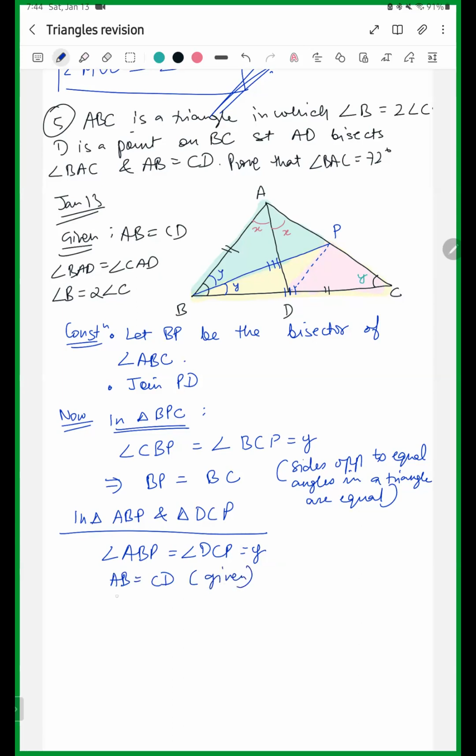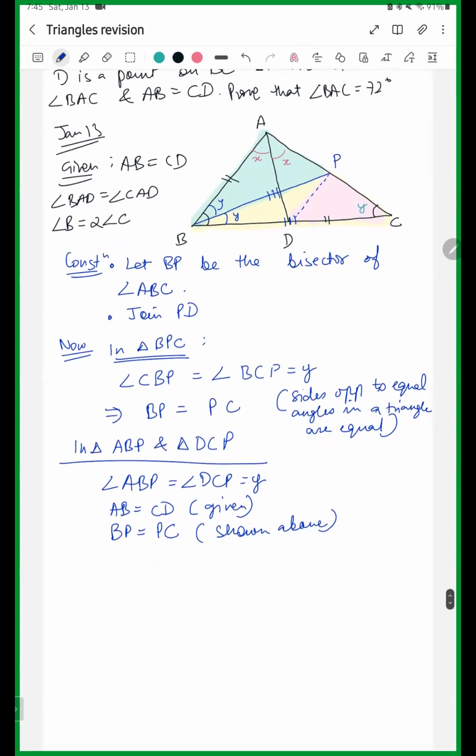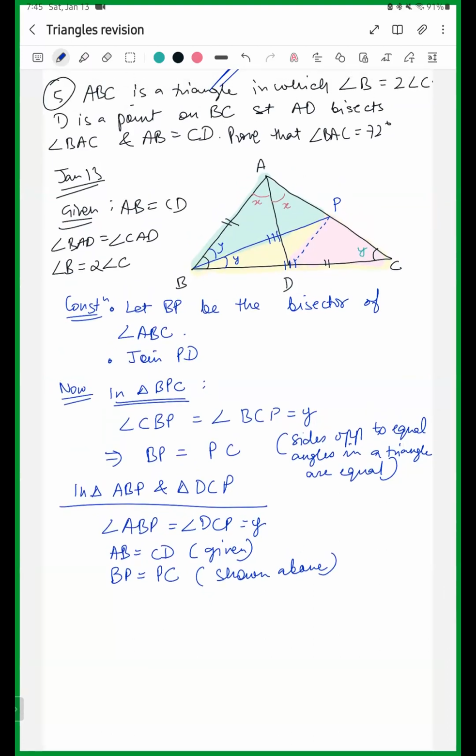And also BP is equal to PC, because these both are equal, as we showed above.